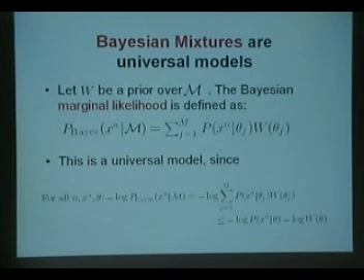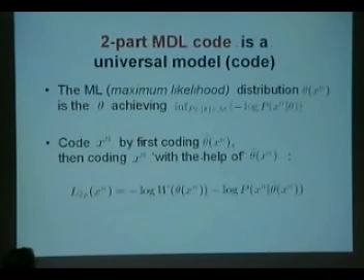So for every sequence, this gives code lengths which are at least as small as those given by the two-part code. For most sequences, it will actually give smaller code lengths. So in this sense, the Bayes universal model is better than the two-part model. It gives smaller code lengths to about every sequence, and longer code lengths to no sequence.